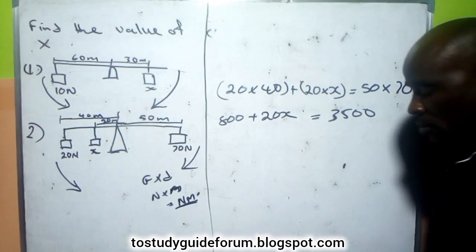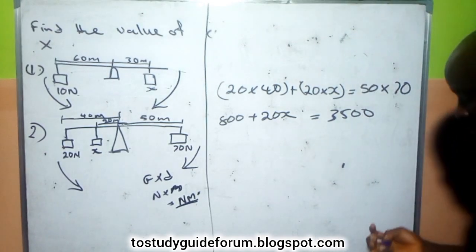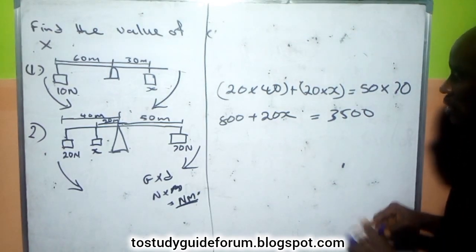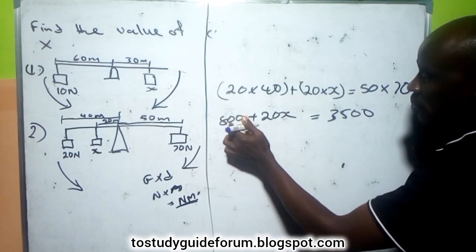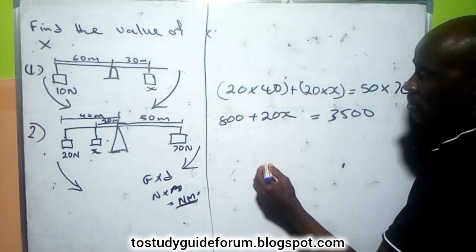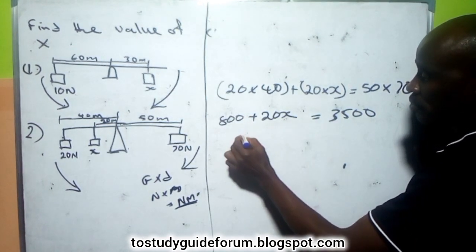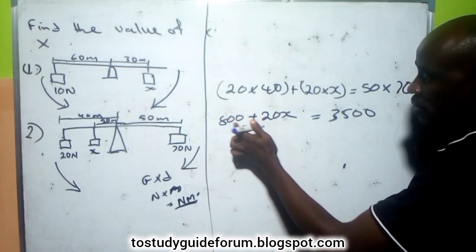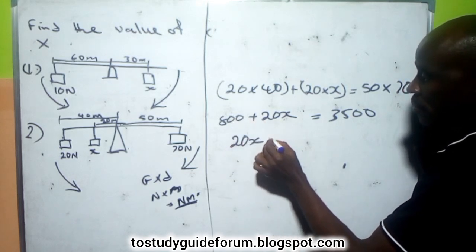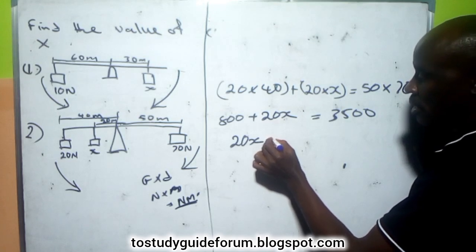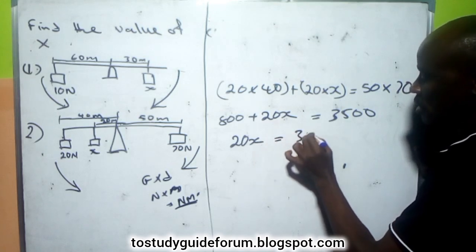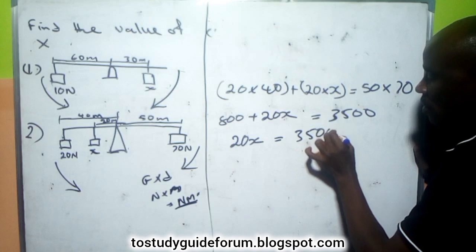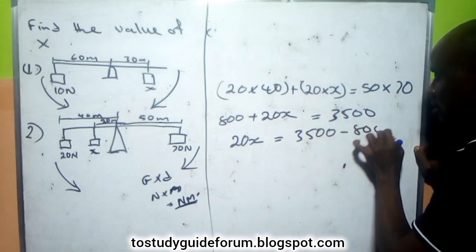20x. So what are we doing next? To get the value of this x, we'll subtract 800 from both sides. If we subtract 800 from both sides, what we'll have is 0 there, equal to 3,500 minus 800.